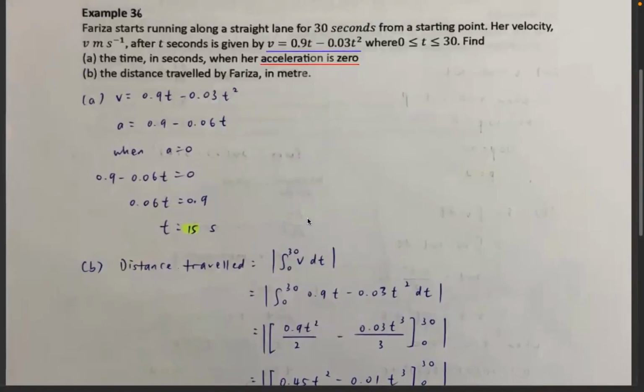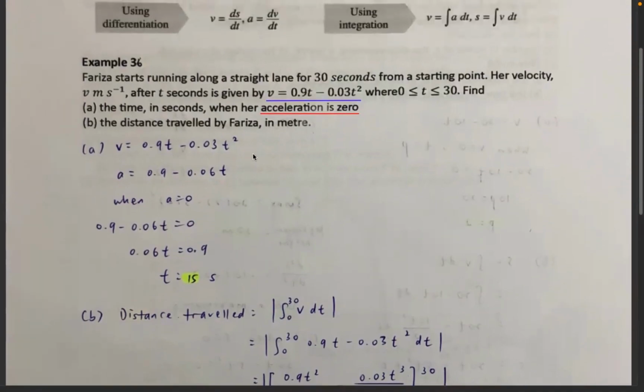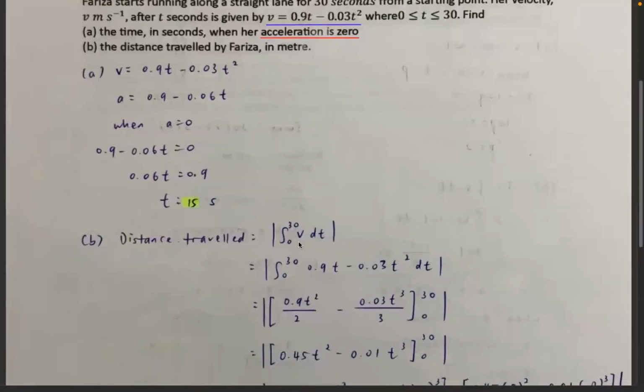So if you would like to find the distance traveled, you can integrate from 0 to 30 straight away, the integral of v dt. Okay, let's check. Why I integrate v dt here is because the displacement function is not given. When you don't have a displacement function and you would like to find the distance traveled straight away, you can integrate v dt in your working.